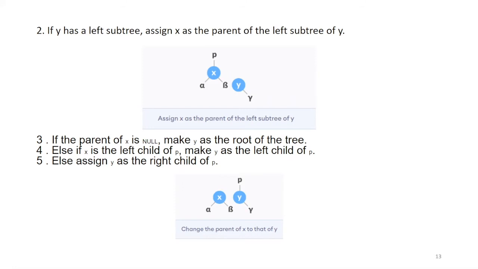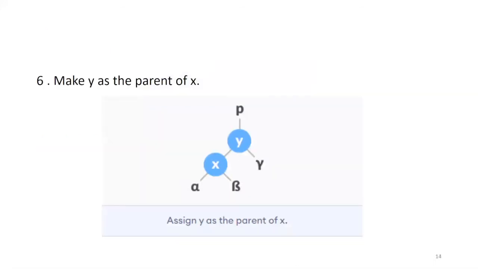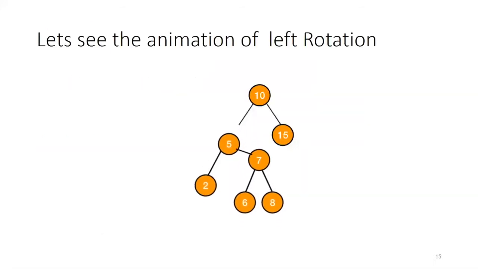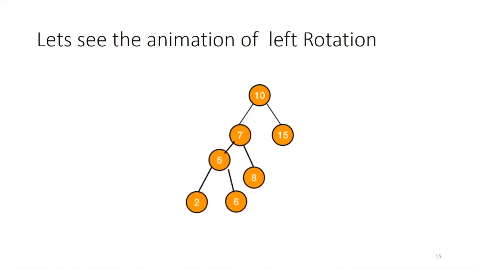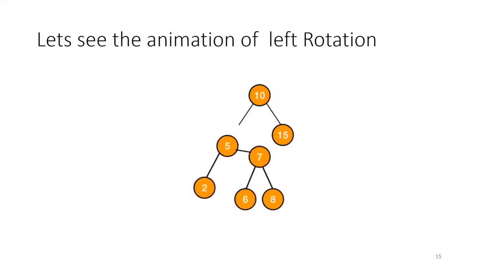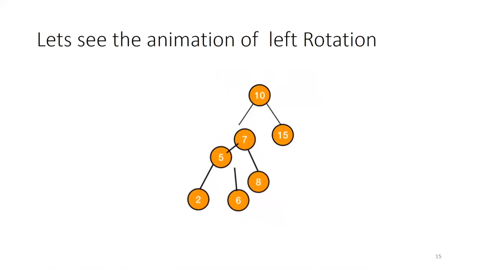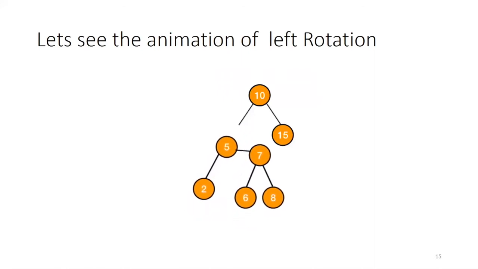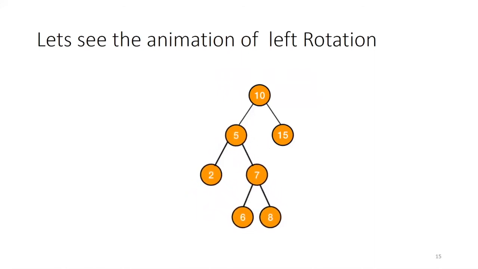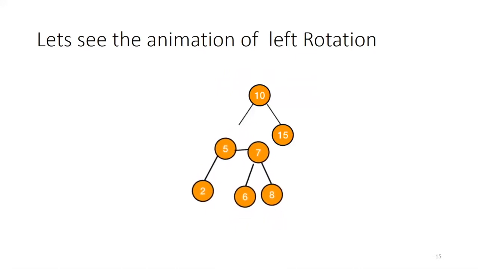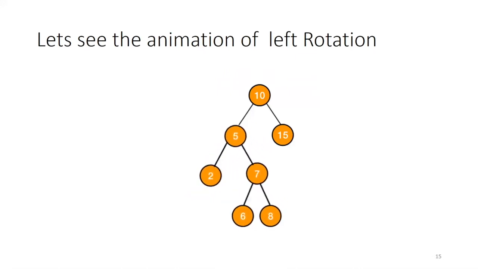X will go to the left of Y. Here we can see an animation. I just found it online, so it's a very good animation for you to visualize. So it's a left rotation. Here we can see how it's changing and how it's left rotating. I hope everyone understands.